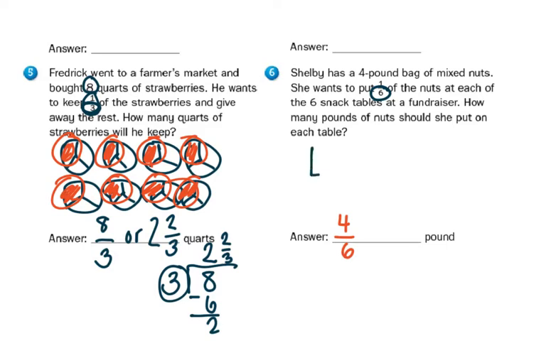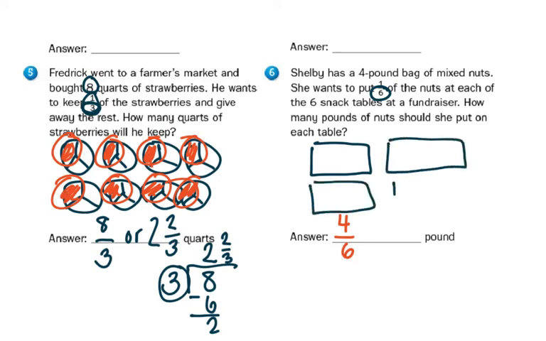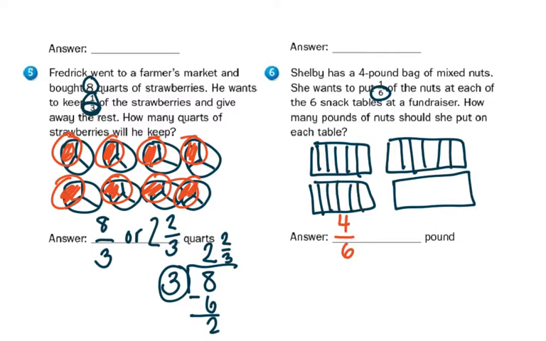So if we take and divide those 4 pounds into 6 parts each, 1, 2, 3, 4, 5, 6, and so on for each pound, we put 1/6 at each of the tables.